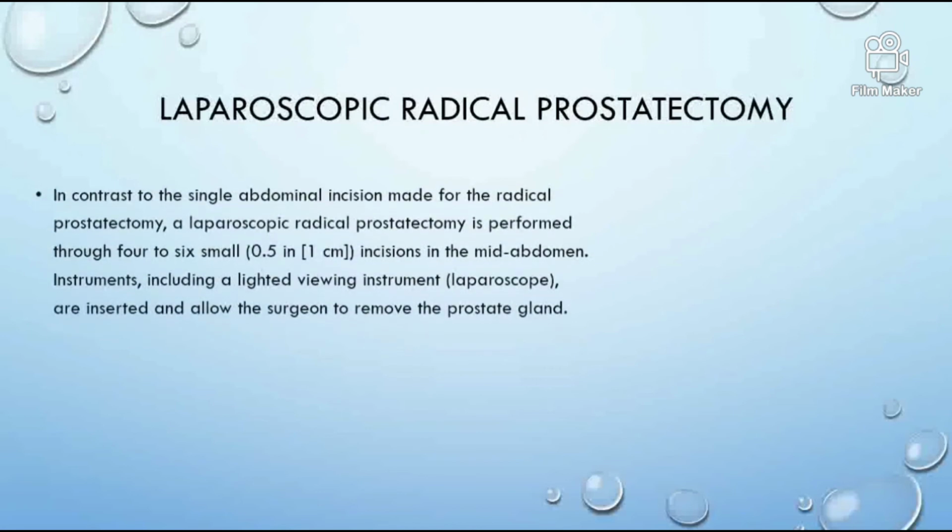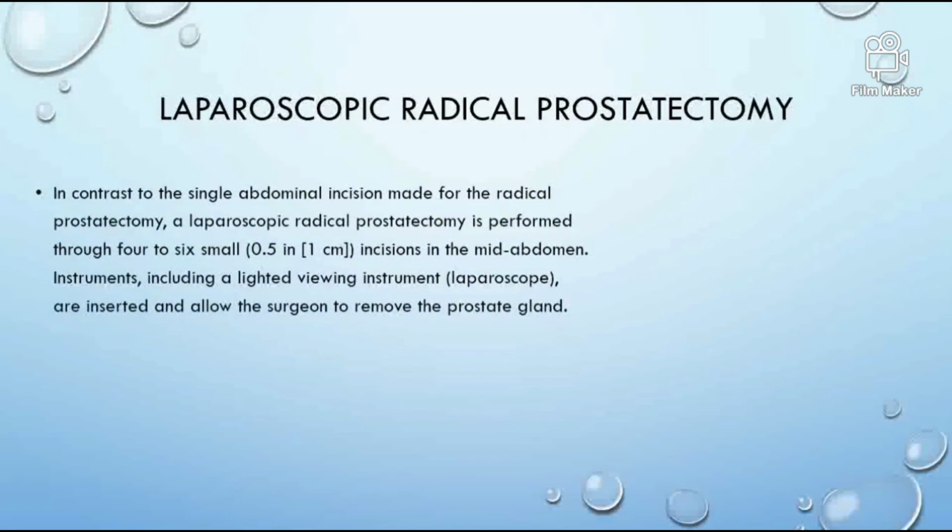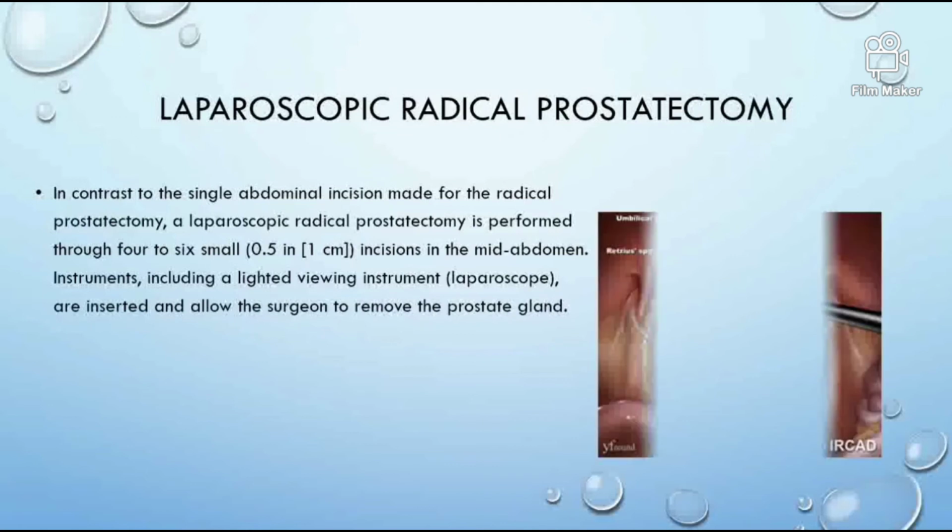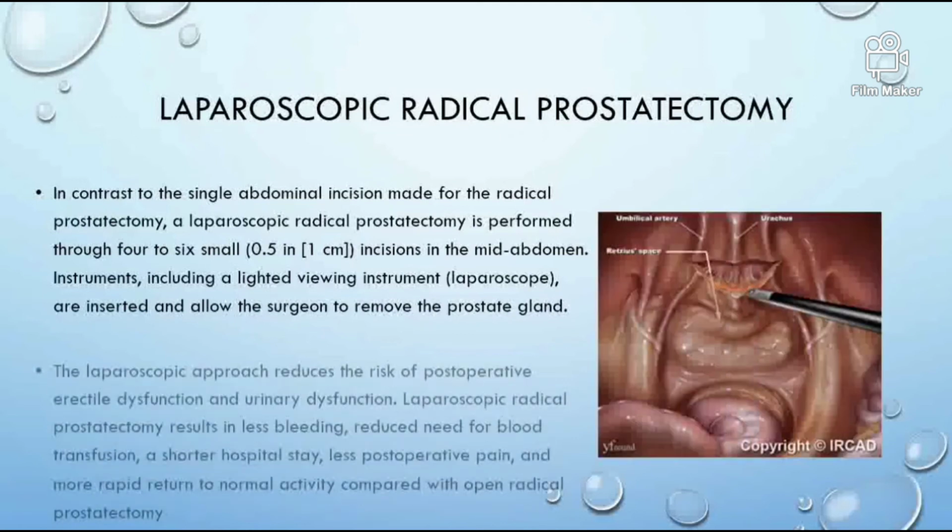Laparoscopic radical prostatectomy. In contrast to the single abdominal incision made for radical prostatectomy, a laparoscopic radical prostatectomy is performed through 4 to 6 small 0.5 inch or 1 cm incisions in the mid-abdomen. Instruments including a lighted viewing instrument or laparoscope are inserted and allow the surgeons to remove the prostate gland.